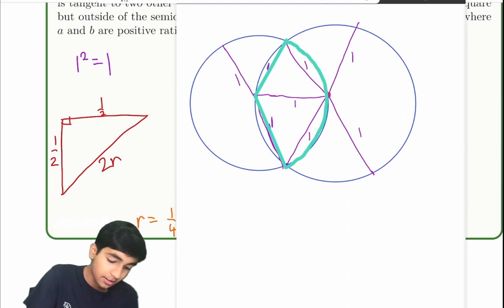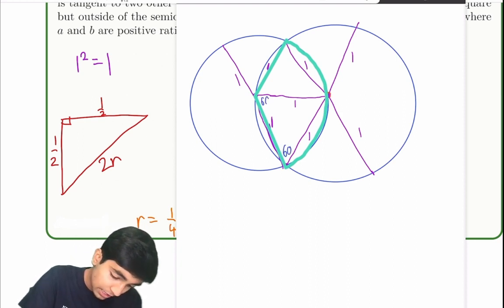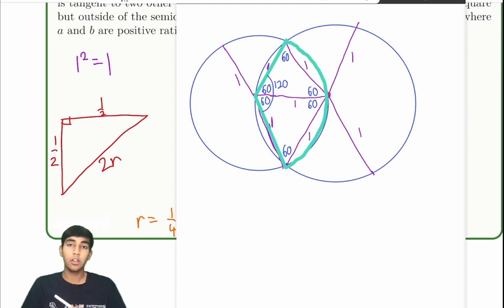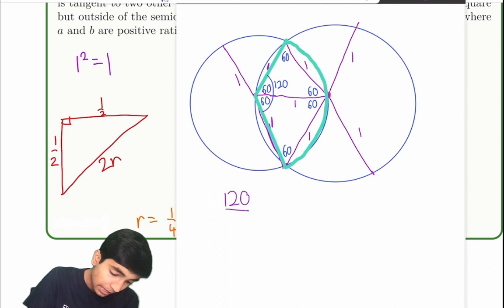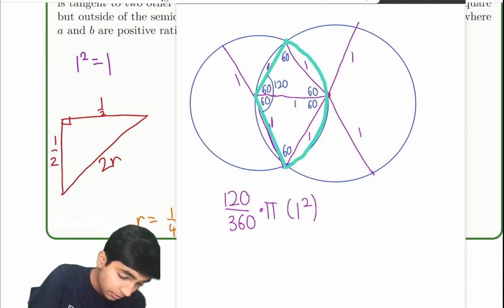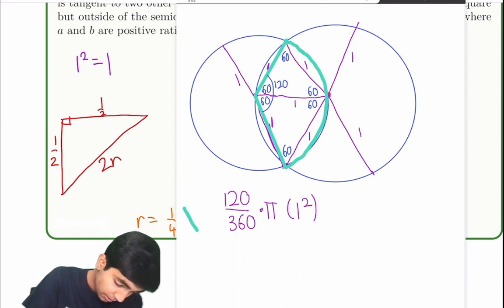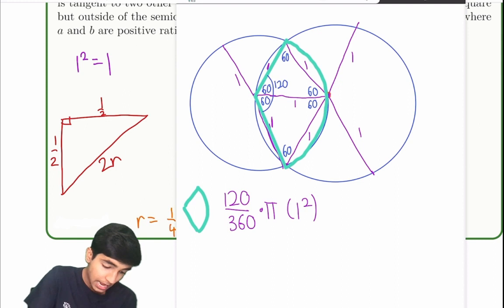So 60, 60, 60 degrees because of the equilateral triangle properties. So this angle is 120 degrees in total. The area of that blue region is 120 over 360 times pi r squared, and r is 1. So this is just equal to 1/3 pi.